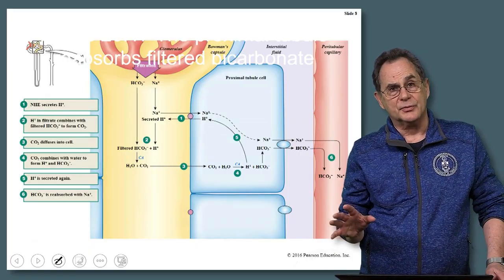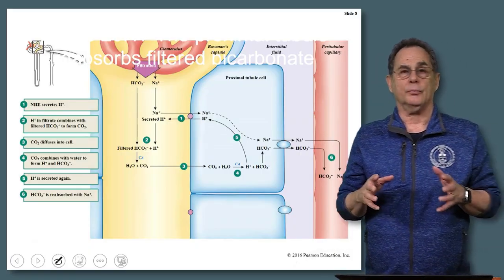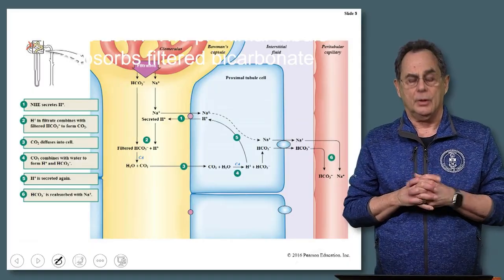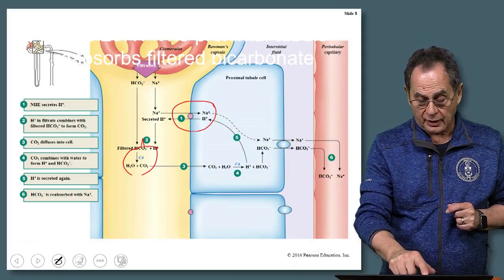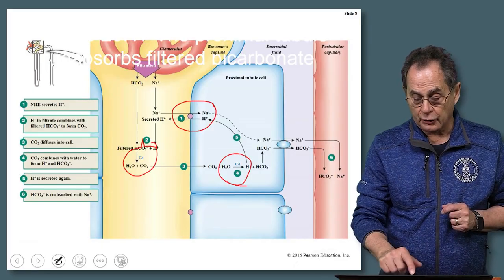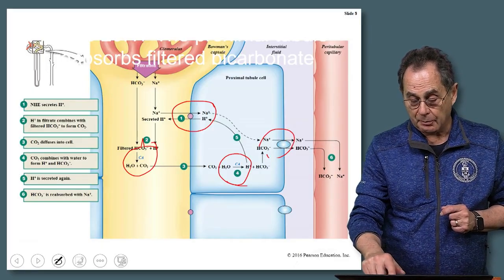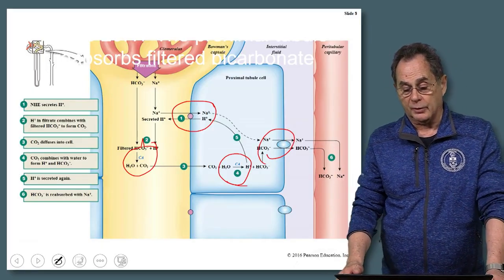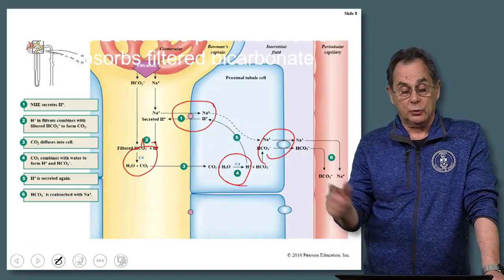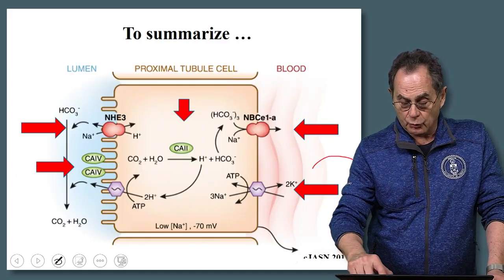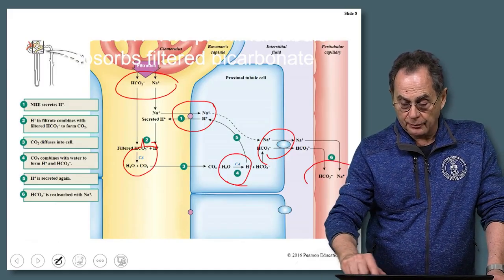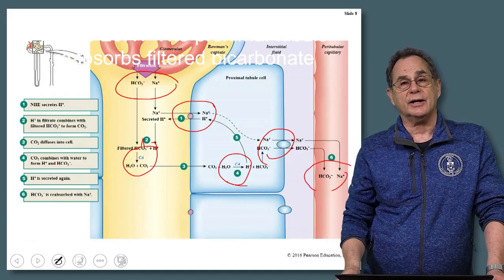So a lot of steps. So the proximal tubule cell has a number of components: a sodium hydrogen exchanger, a luminal carbonic anhydrase, an intracellular carbonic anhydrase, and a basolateral sodium bicarbonate cotransporter. The consequence? The sodium bicarbonate that you filtered is reabsorbed and re-enters the circulation.